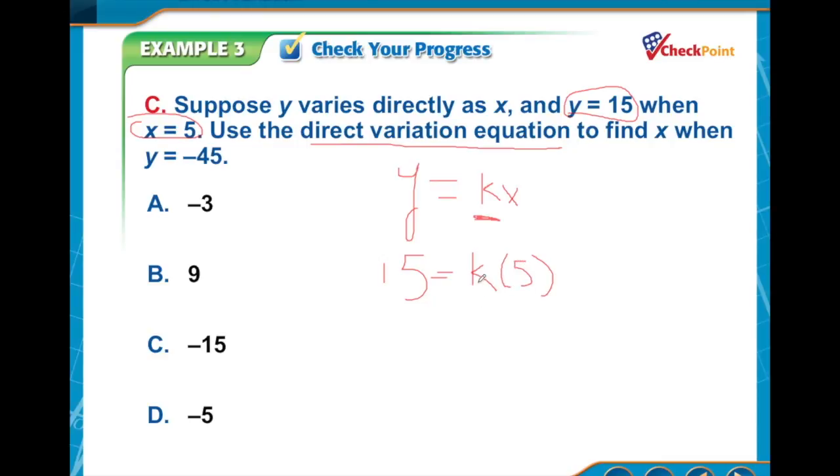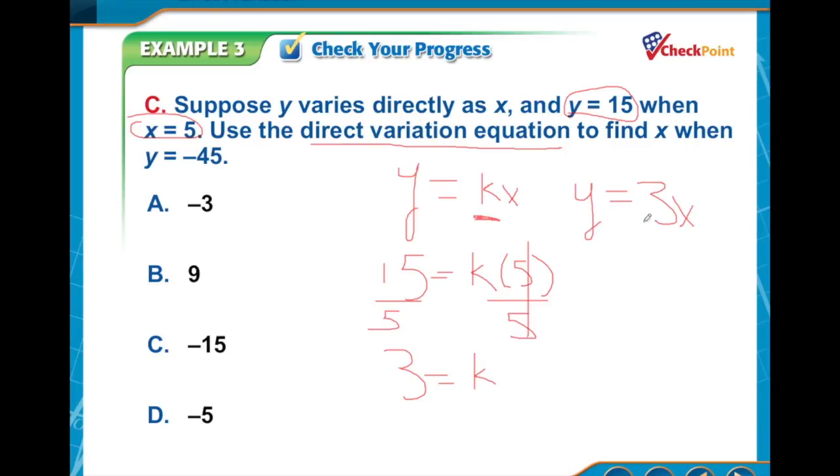Okay, so some number times 5 equals 15. What does this number have to be? We'll divide both by 5 and see what we get. Over here they cancel out, and on the right we get 15 over 5, which is 3. So k equals 3. So the direct variation equation we would get is y equals 3x.